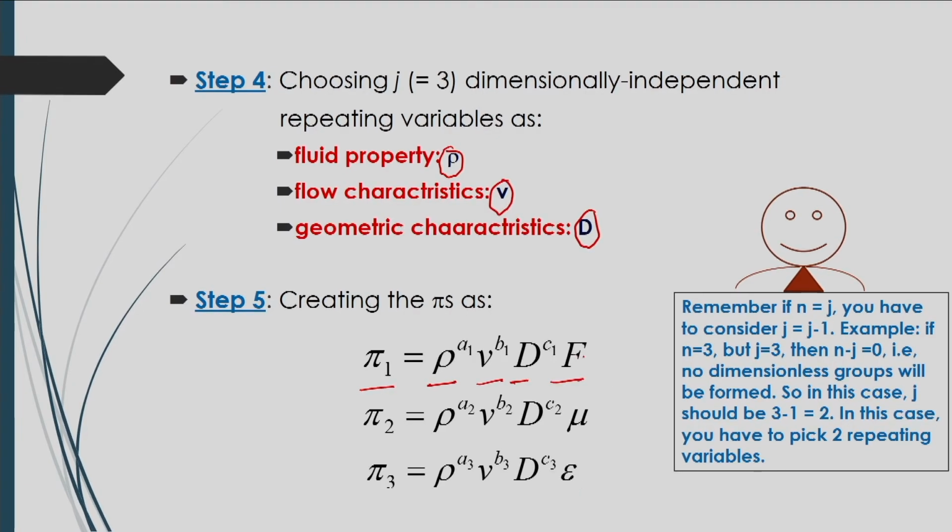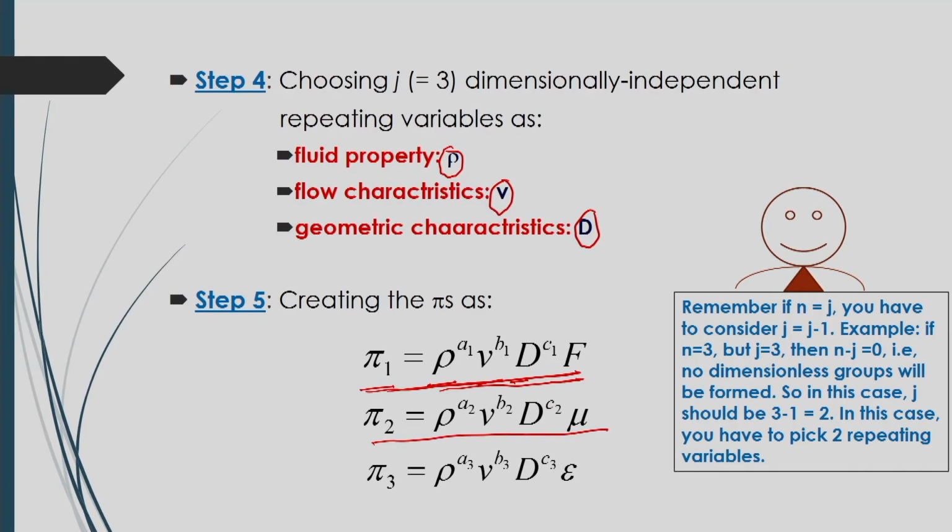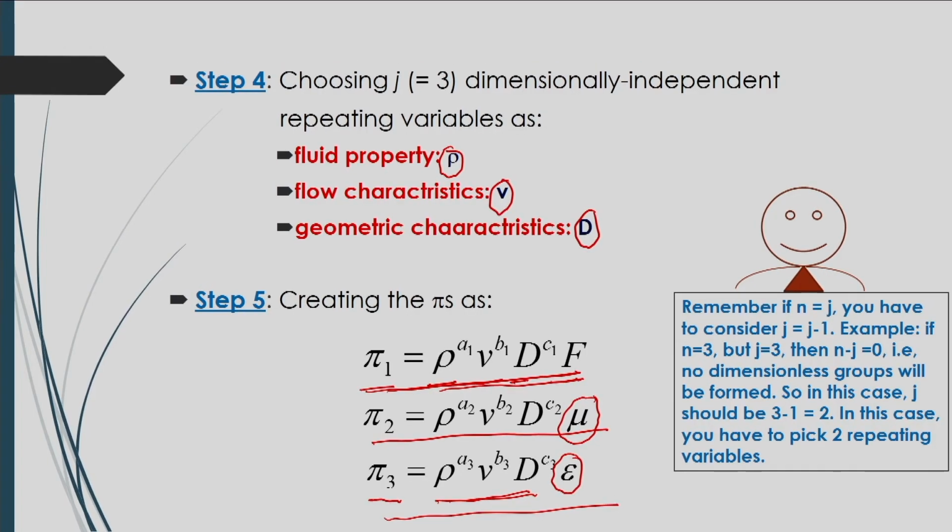You can make the functional dimensionless groups like this. Similarly, for the second dimensionless group you again use the repeating variables rho, v and d and the non-repeating variable mu, and for phi 3 again with the non-repeating variable, with the repeating variables you make the equation like this. In this way you form the dimensionless groups.